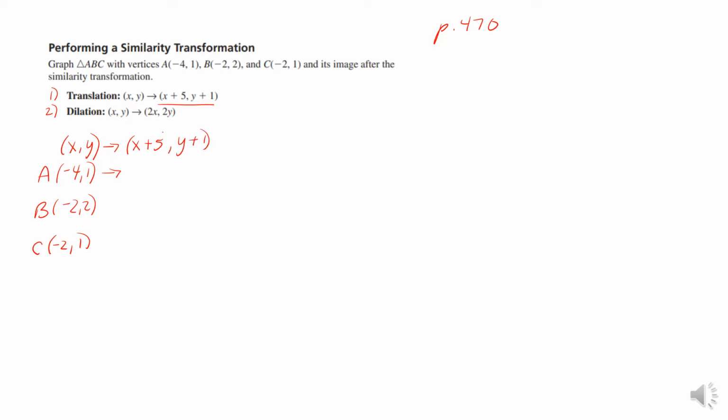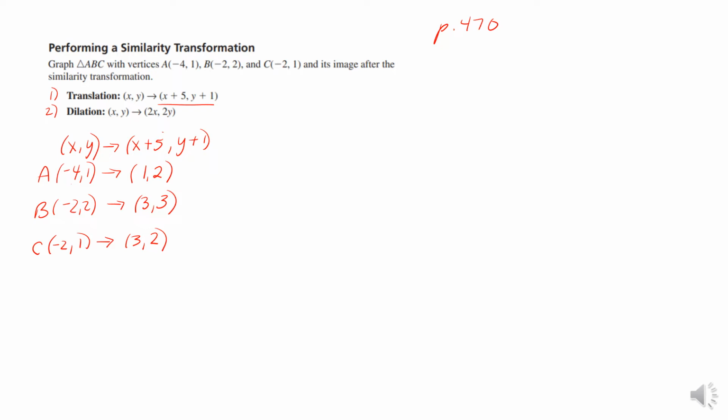So I go -4 plus 5 is 1, and 1 plus 1 is 2. Then I go -2 plus 5 is 3, and 2 plus 1 is 3. And then last, -2 plus 5 is 3, and 1 plus 1 is 2.